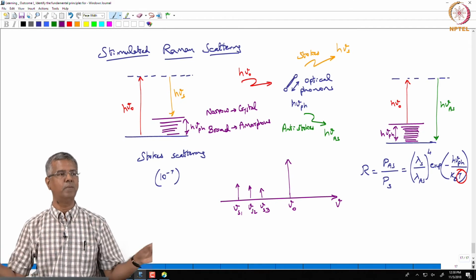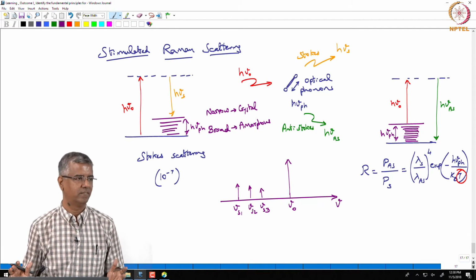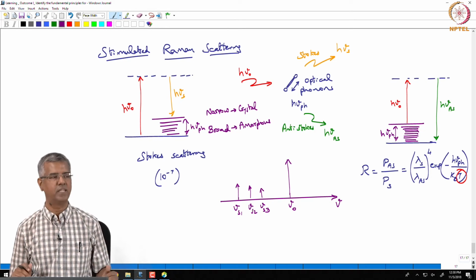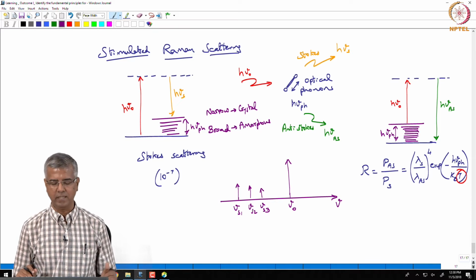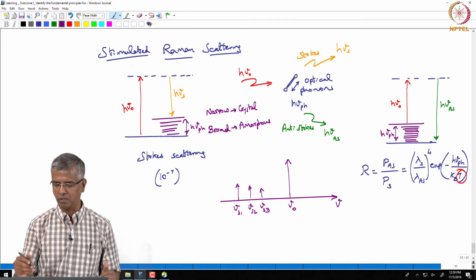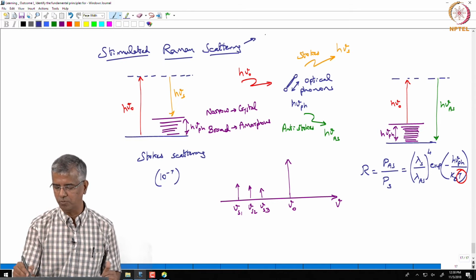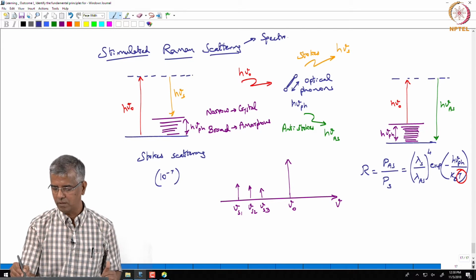So, I can completely map out that material. How amazing is that, right. It is an extremely powerful technique in spectroscopy. So, that is clearly one application that it is good for, spectroscopy.